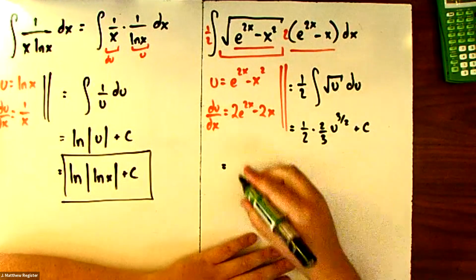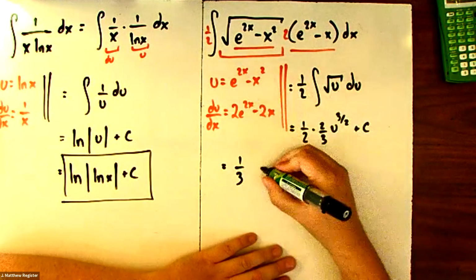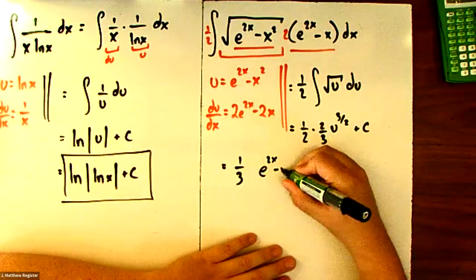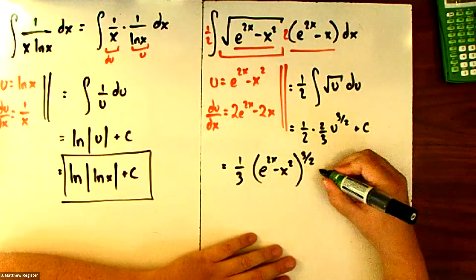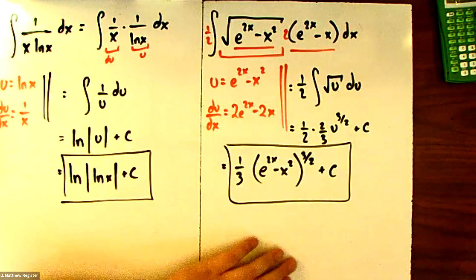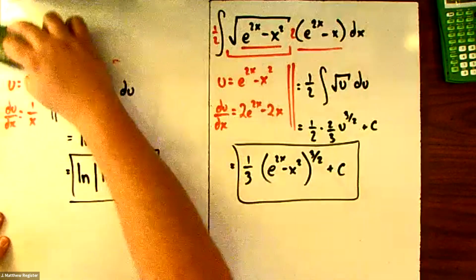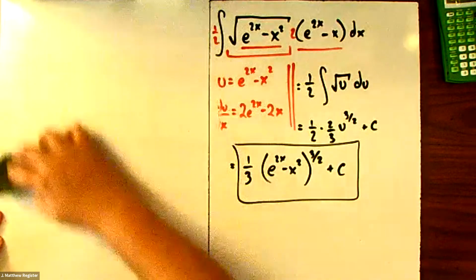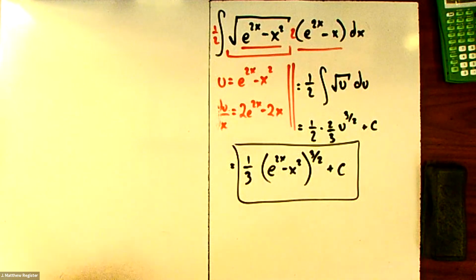The 2's would cancel, leaving a 1/3. And then the u is e to the 2x minus x squared to the 3/2. And so these things, they can get messy. Sometimes it's not clear what your u value is supposed to be. But you just have to play with it a bit, and eventually it should all fall together.